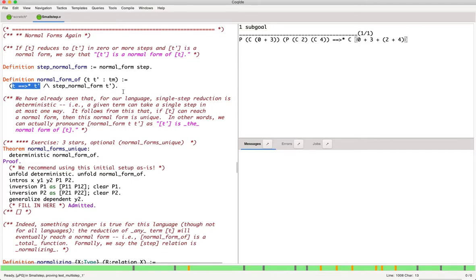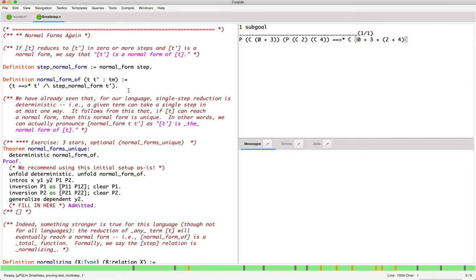Okay, so normal form of is a relation between two terms, which says if you start evaluating in t and do 0 or more steps to t prime, and t prime is a normal form, then they're related using this relation. And this is getting pretty close to the sort of thing we want.